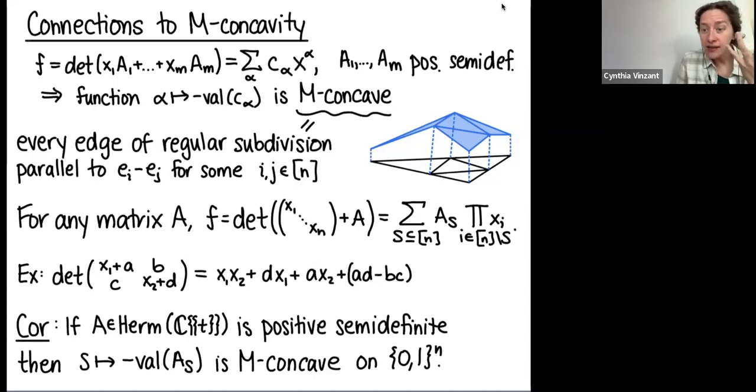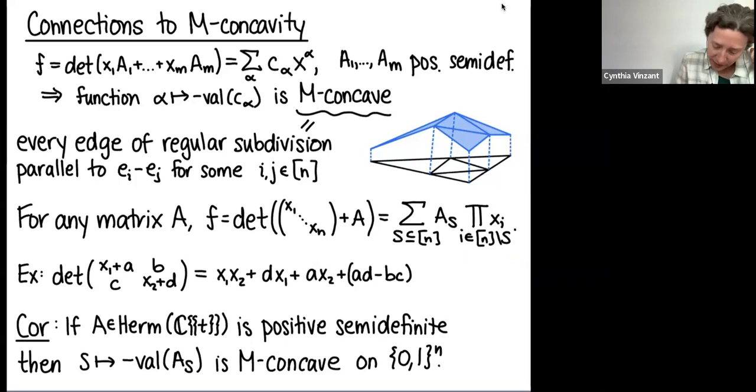If I look at the constant term, which here corresponds to S being the whole set N, I can imagine just setting all of the variables equal to each other, and I get the determinant of A. I leave you to check that the other minors work out as well.